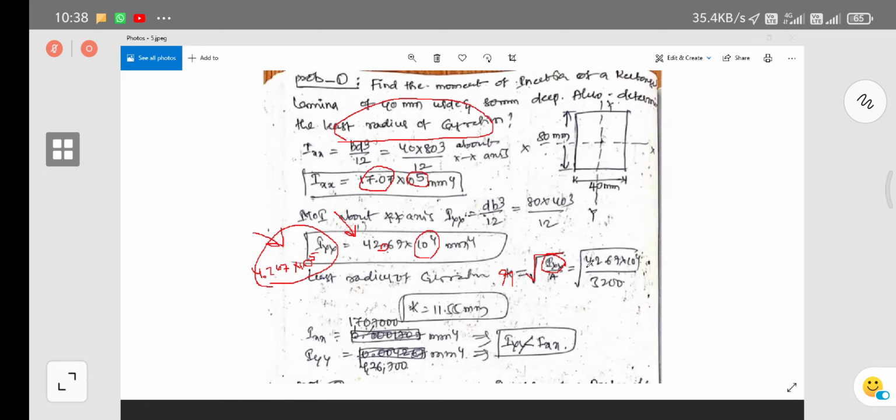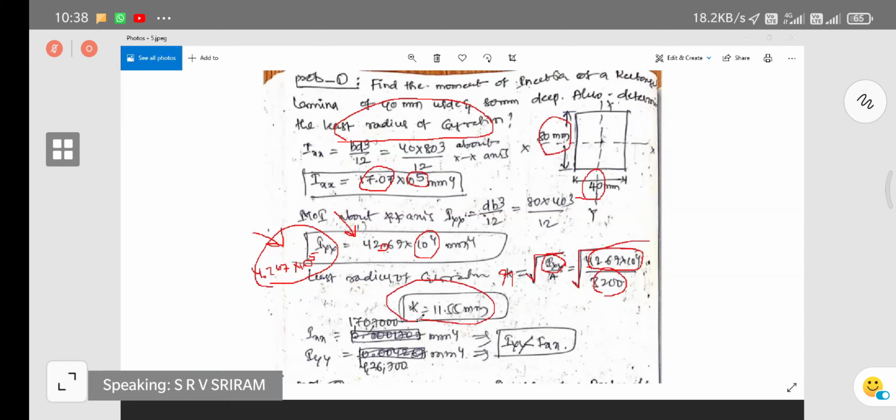So that is 42.67 into 10 power 4, or otherwise 4.267 into 10 power 5, there is no difference, divided by the total area. So 40 into 80, how much? You get 3200. If you divide and take the root, you get k.